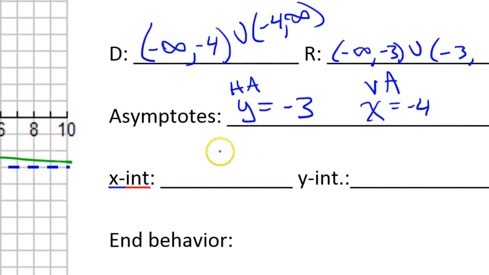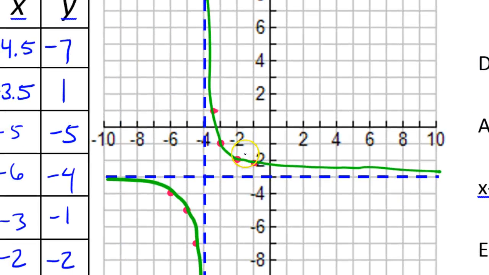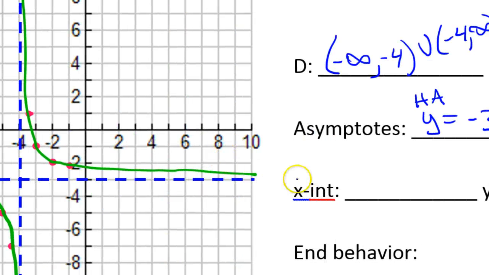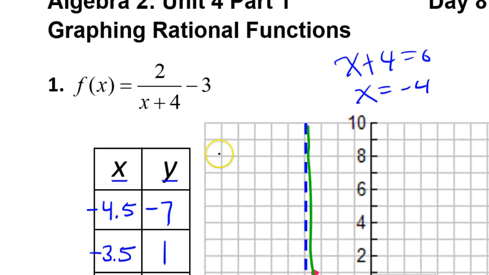Okay, x-intercept. Well, when you want the x-intercept, what you do is you let y equal 0. Basically, this f of x is like y. So when I say let y equal 0, what I mean is you set the entire equation equal to 0.